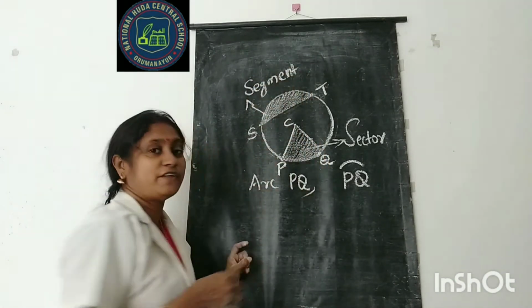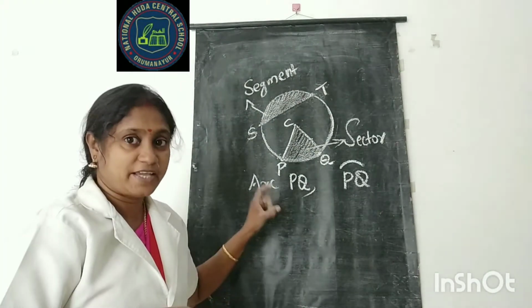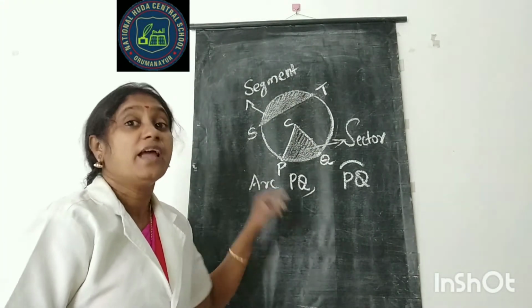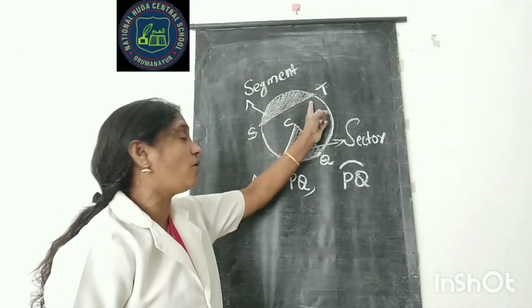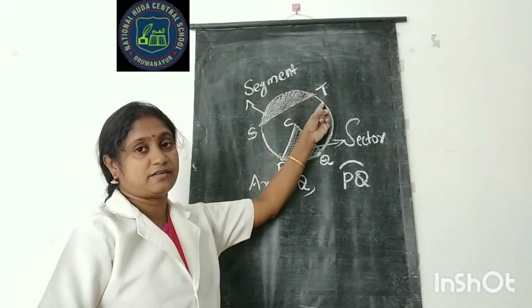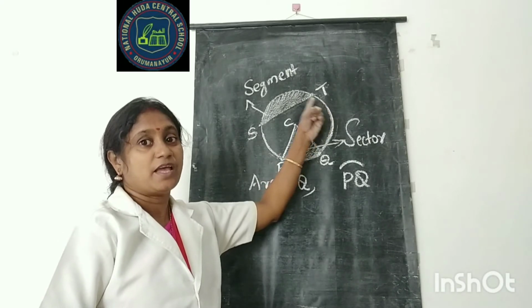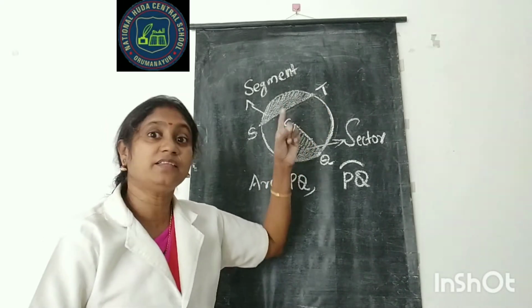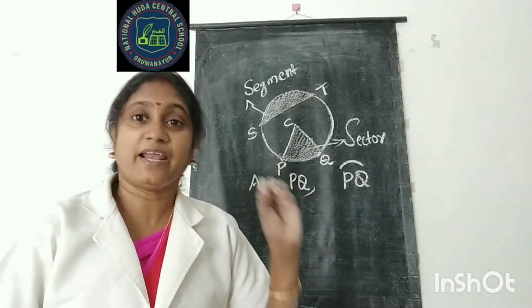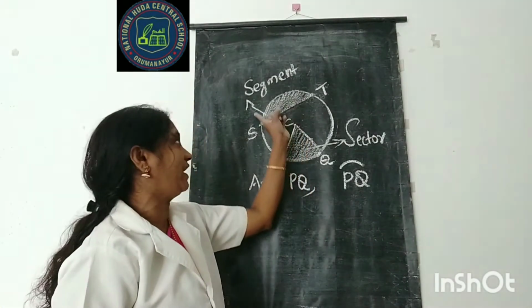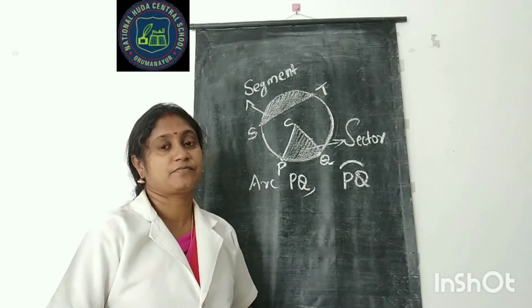So what will be the definition of a segment? A segment is the region in the interior of a circle enclosed by a chord and an arc on the circle.